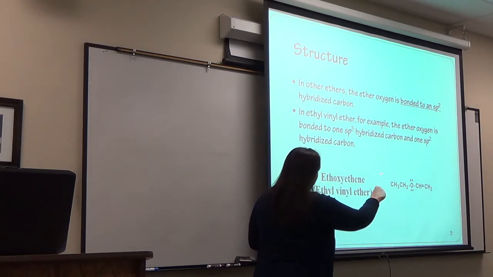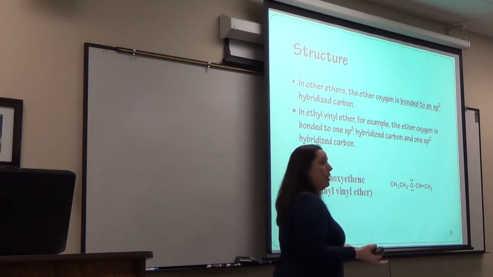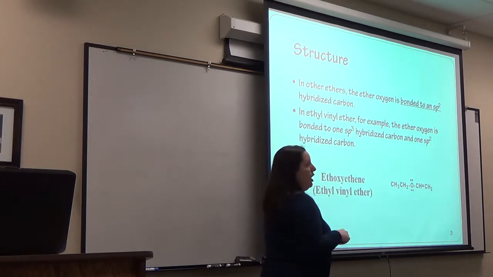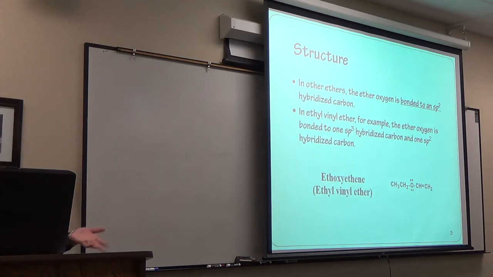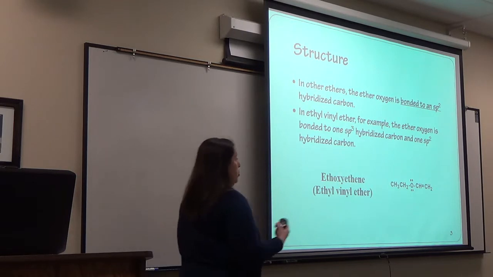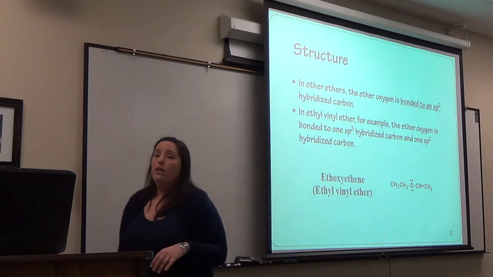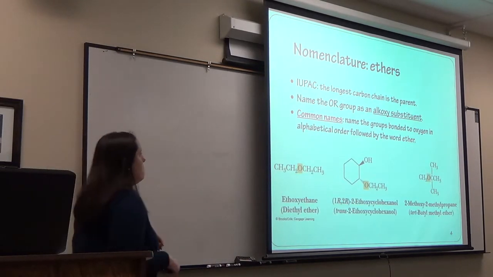So you have two carbons on this side, which is the ethyl part, single bonds, and then the vinyl with the double bond. For ethers, that occurs because there's no H for you to do the tautomerism, because you have to remove that hydrogen of the alcohol. So you can have a mixture, or both sides could be sp2 hybridized. You can also have cyclic, you can have a benzene as part of the chain. There's lots of variety as to what those carbon chains can be in the ether. But the important thing is that oxygen with the two carbons.